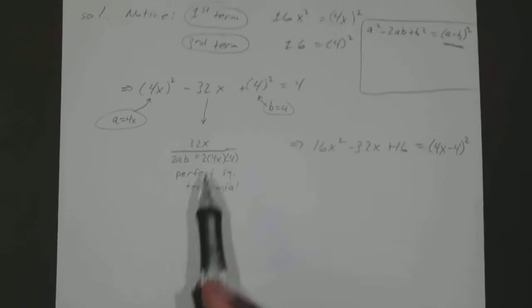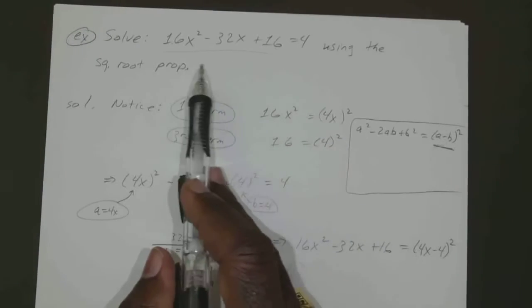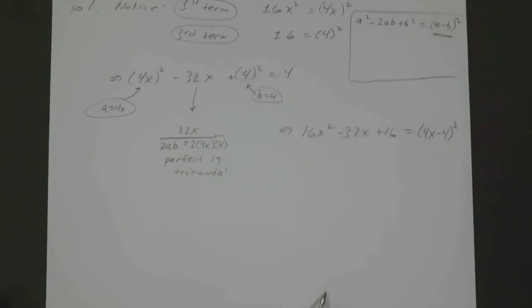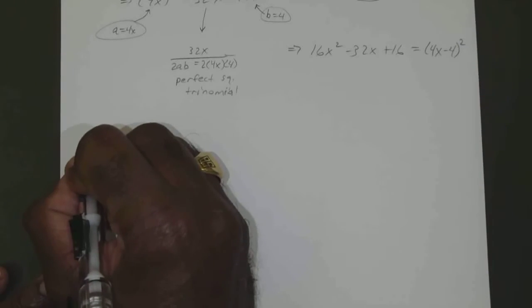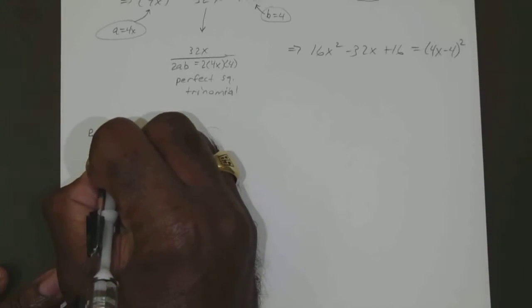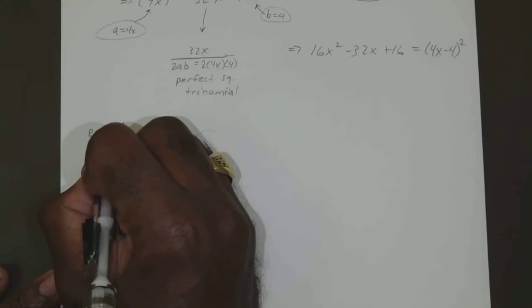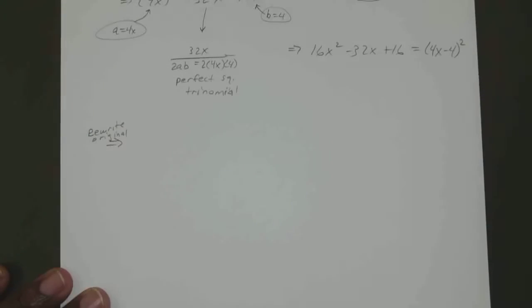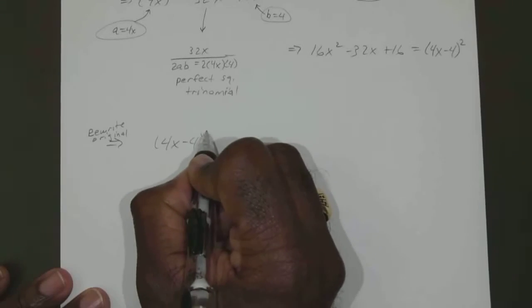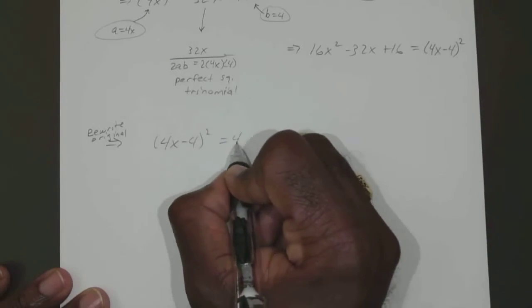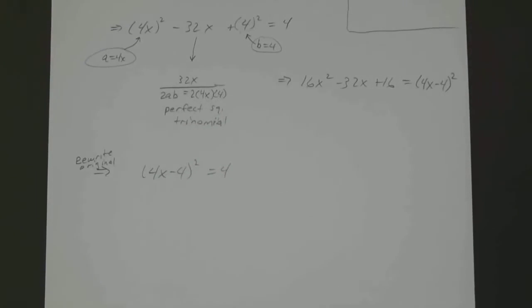Okay, so from there we can just get our original equation up and rewrite it with that. Okay, so you have 4x minus 4 squared equals 4. Excuse me.